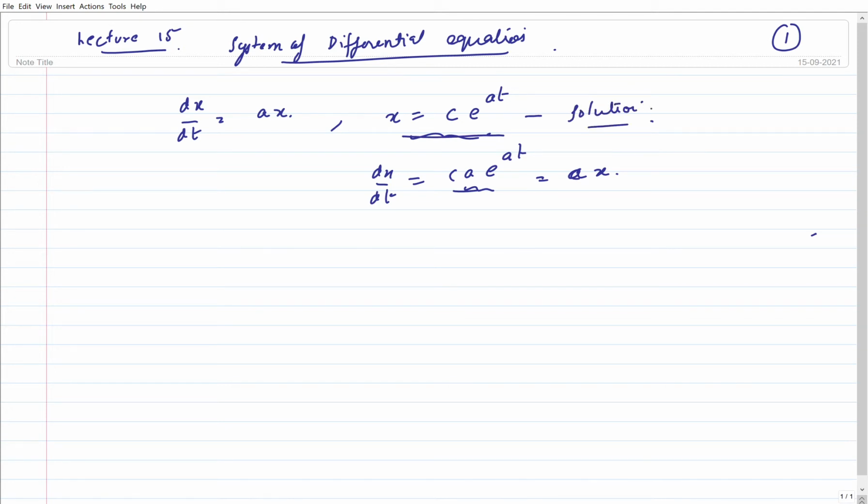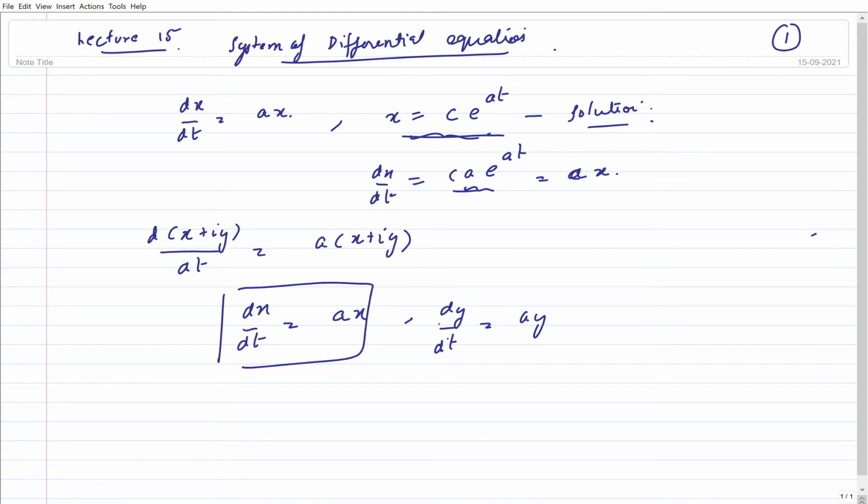So this is the solution of the differential equation. Now, one thing to keep in mind is that if I'm looking for complex solutions, let's say I had a complex number z, I note that the real part as well as the imaginary part satisfy the same equation.